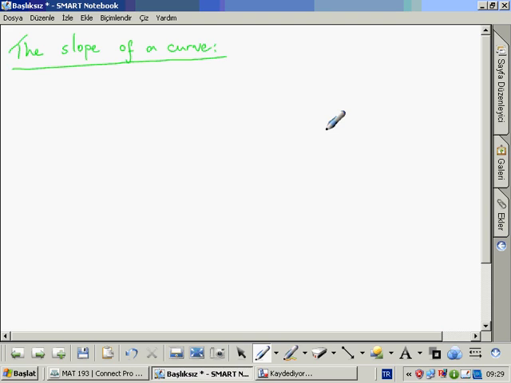In particular, the slope of the graph of y equals f of x at the point x0 will be the limit as h approaches 0 of f of x0 plus h minus f of x0 over h. Let me correct it again.